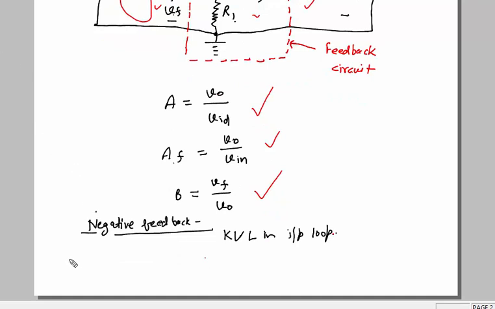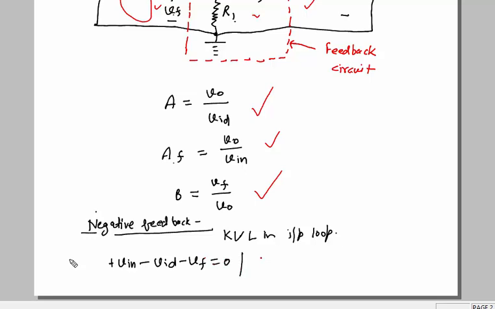We get plus V in minus VID minus VF equals 0.